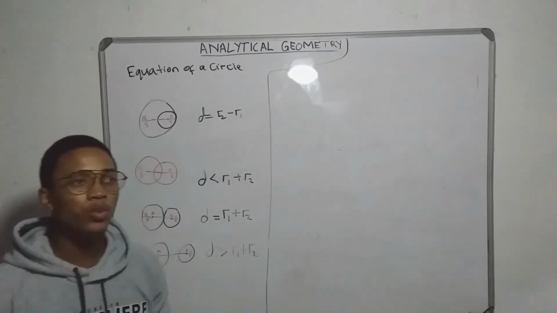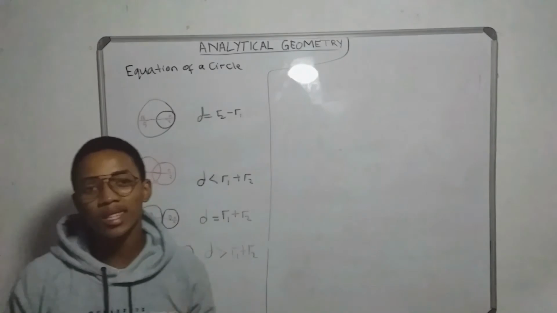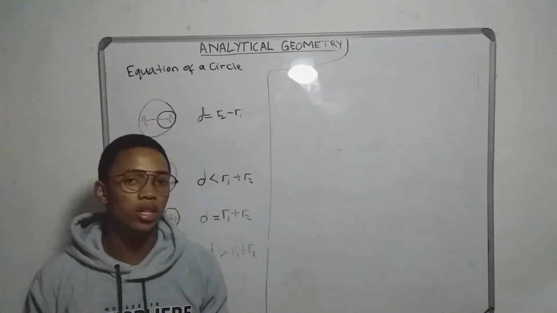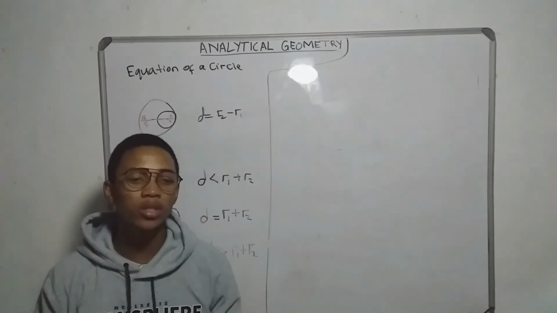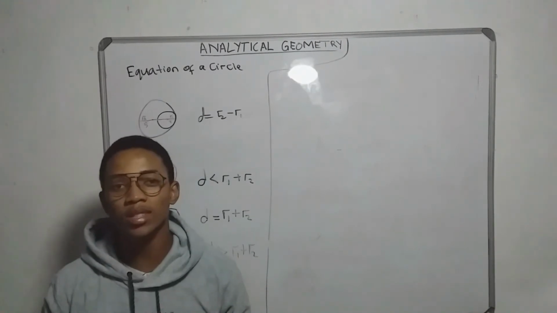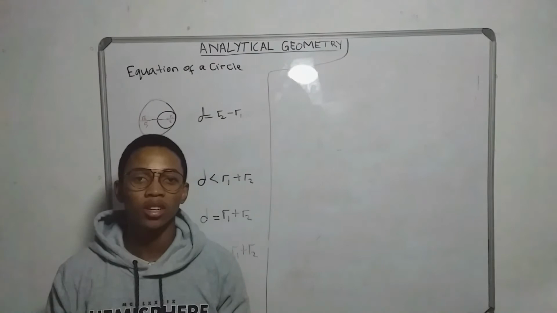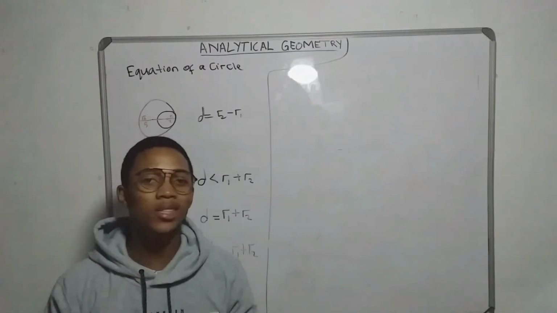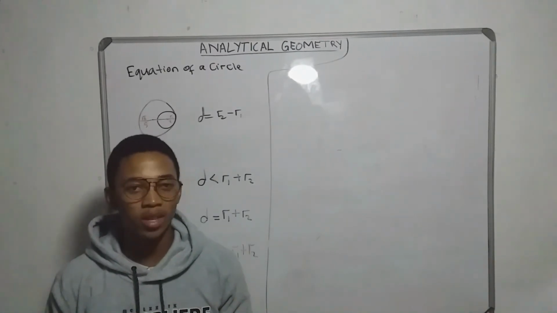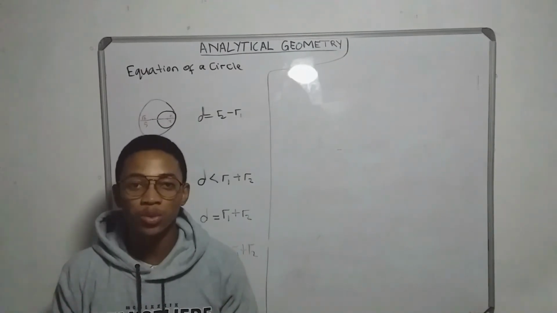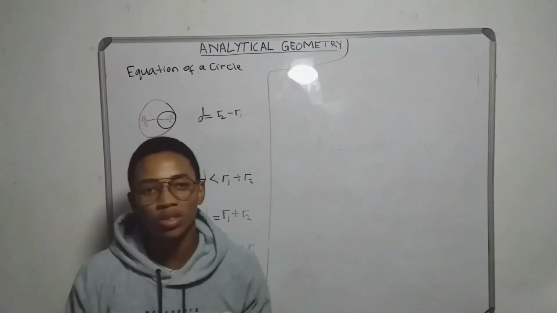So as we go through the questions, we realize that there are some questions whereby you're given 2 circles, and they may ask you whether the circles touch at one point or intersect at 2 points, or rather they're doing neither of the 2. So this is what you need to know.